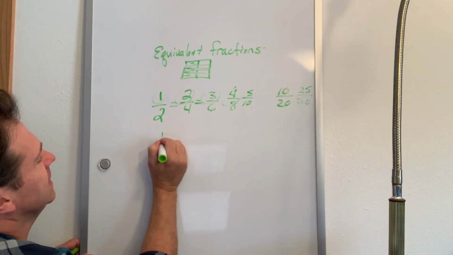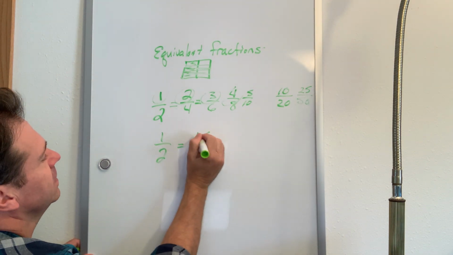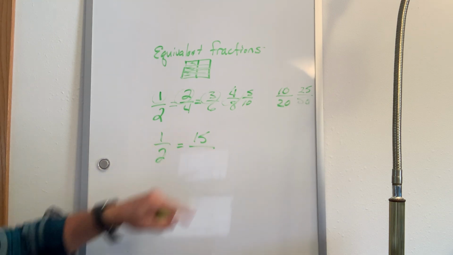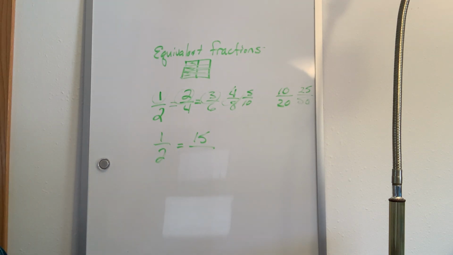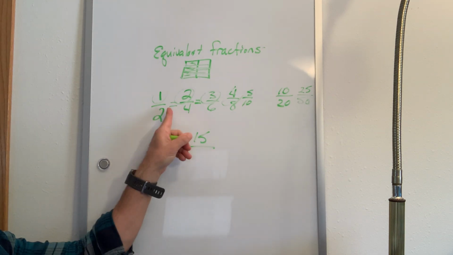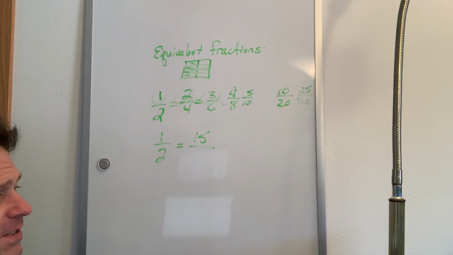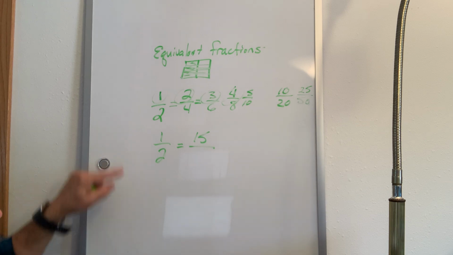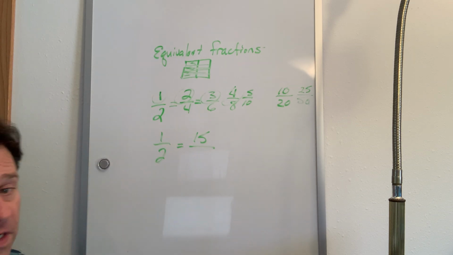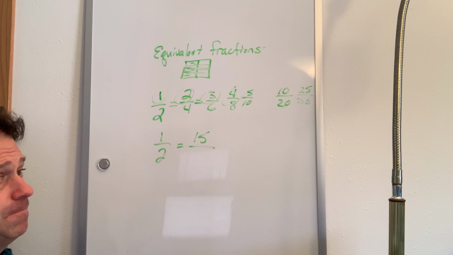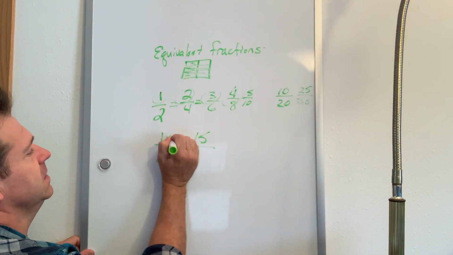But you can figure some of these things out a little bit easier. So if I want to know what the 15th one is, it would work like this. If these are the same, I should be able to set them up to be the same. How do I get from 1 to 15? I multiply it by 15. So 1 times 15 is 15.